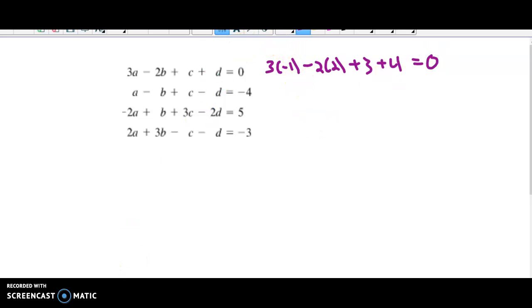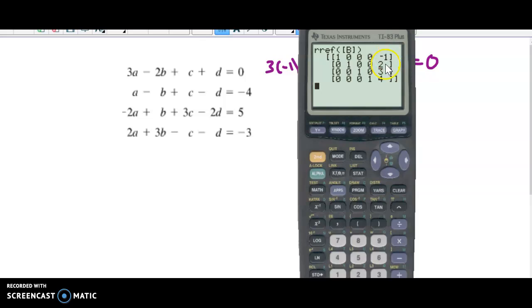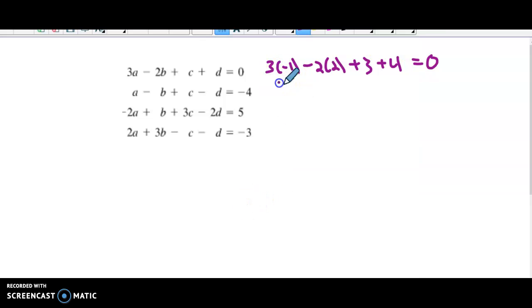Because my answers, remember, were negative 1, 2, 3, and 4. That gives me negative 3 minus 4 plus 3 plus 4. That's negative 7 plus 7. Yeah, that's 0. Might try it with another one just to double check, but you don't have to really check them all.